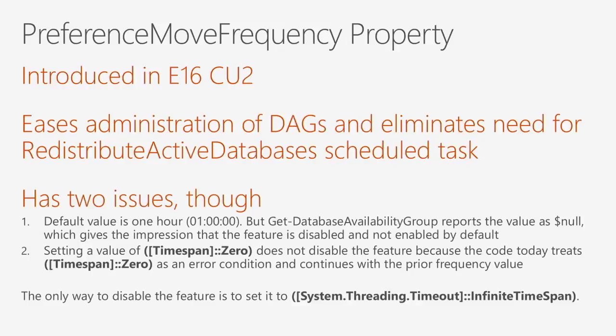So really the only way to do it is to set it to that value down below, the System.Threading value, and then restart the replication service on all DAG members. So it is a bit intrusive to do this. And again, both of these things are things that we're fixing in upcoming CUs. In fact, this particular fix got done like a week before we shipped CU3, so it was just too late to get it into CU3, so I fully expect the fix for this to be in CU4.